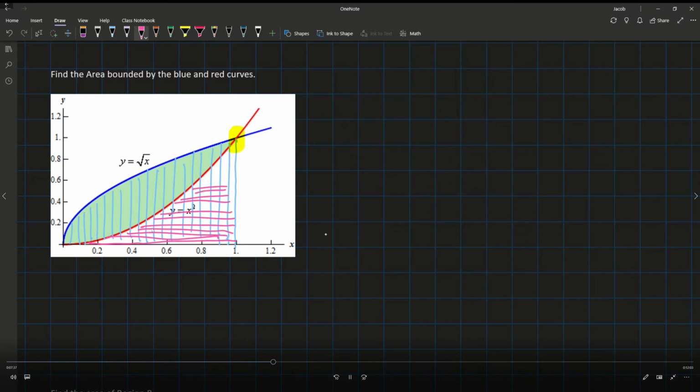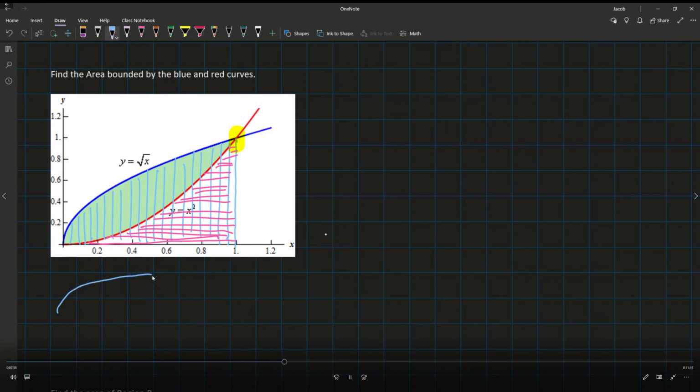So if we were to integrate these things, this blue area would be the integral of radical x, and the pink area would be the integral of x squared.